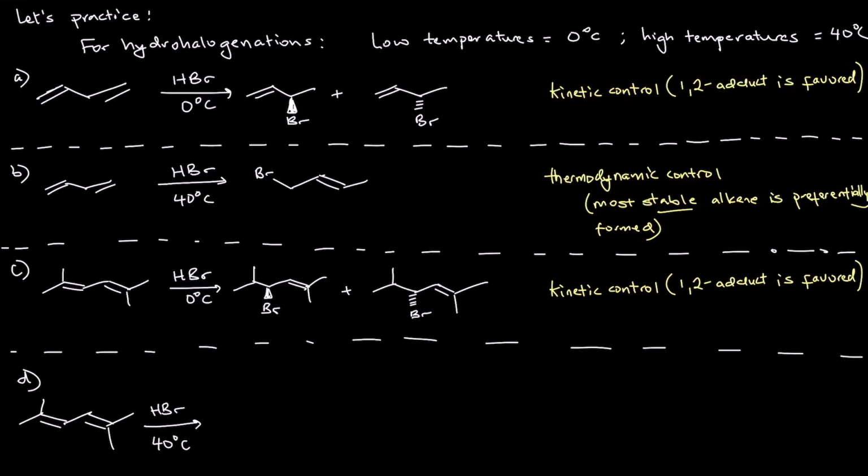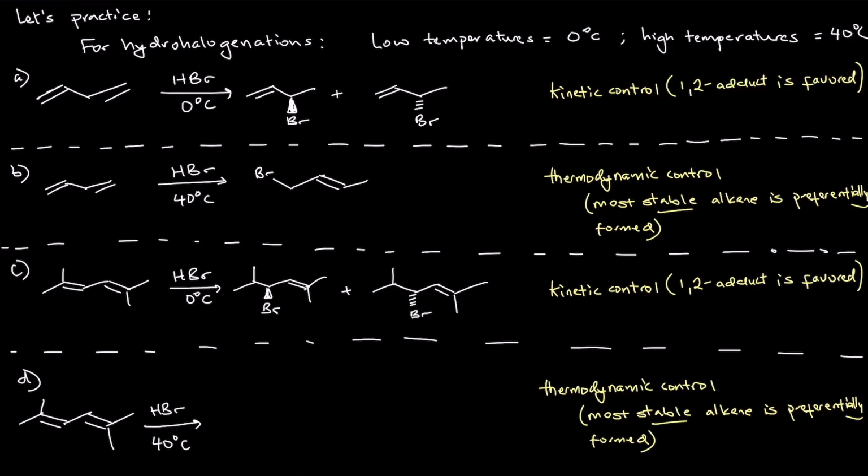same alkene and treat it with HBr, but now at 40 degrees Celsius. And under these conditions, you're under thermodynamic control, which means that the most stable alkene is preferentially formed. But be careful, in this case, the most stable alkene is not the 1,4 adduct, it is still the 1,2 adduct.